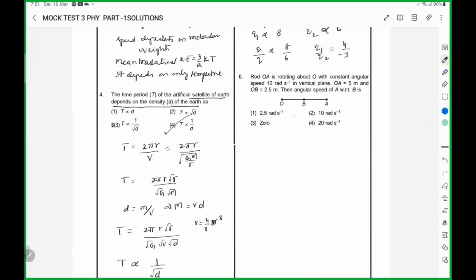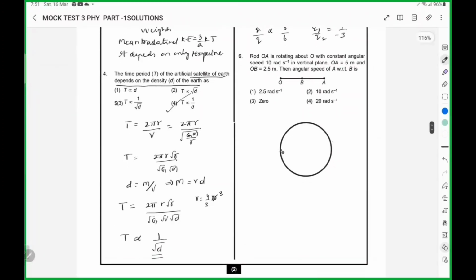When a rod OA is rotating about O with a constant angular speed. Angular speed about O means, let us say somewhere its position is theta.